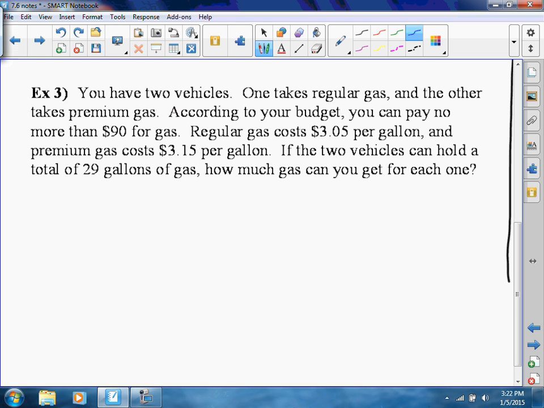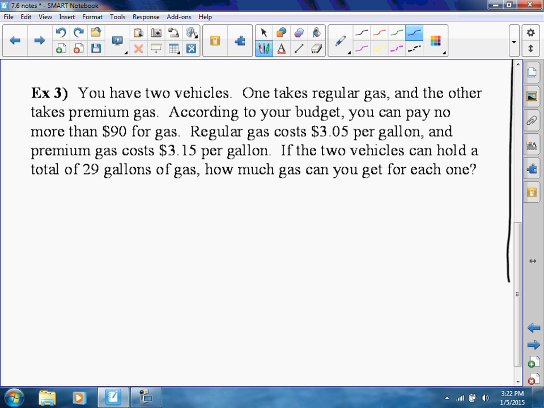So again, we're going to have to write the system and then solve it. And again, this is going to be a system of inequalities. Okay, and here we have two vehicles. One takes regular gas and the other takes premium. So according to your budget, you can pay no more than $90 for gas.